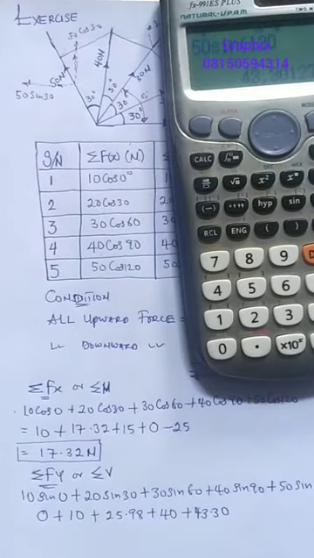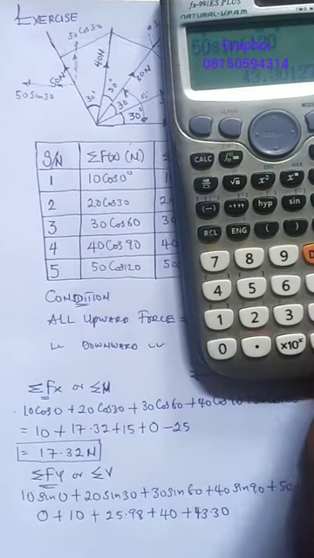So when you do the workings here, you'll have 10 plus 25.98, that is 35.98. 35.98 plus 40 will give you 75.98.